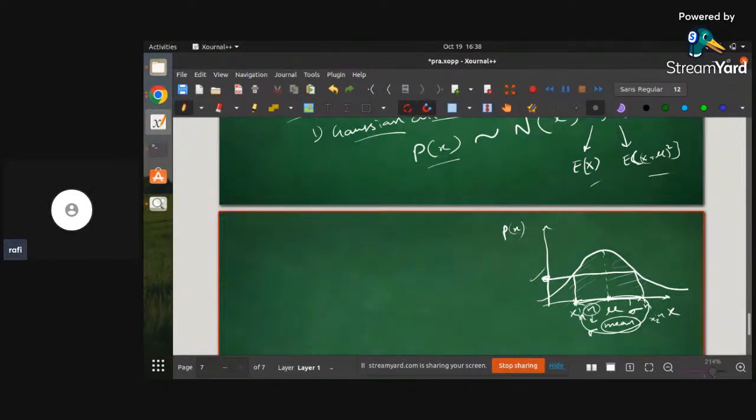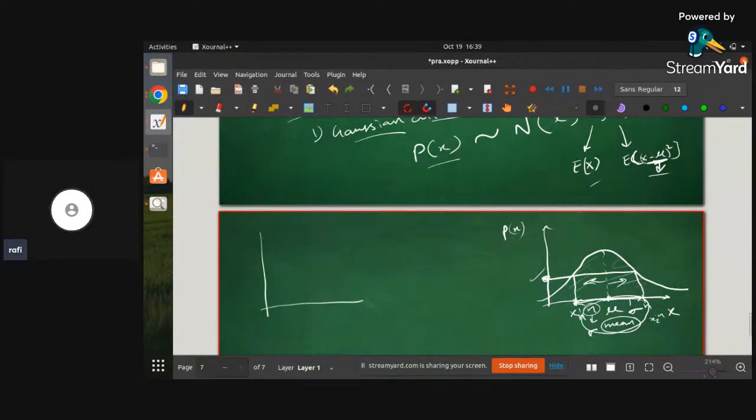That is why we took x minus mu. X minus mu indicates the deviation from the mean. Since the distribution is symmetric, it can be on the right side or left side, so we take the square, x minus mu square. That indicates the deviation from the mean in general, a positive quantity. We need to measure the deviation as a positive quantity, that's why we take the square. So that gives you how much spread is there in the data.